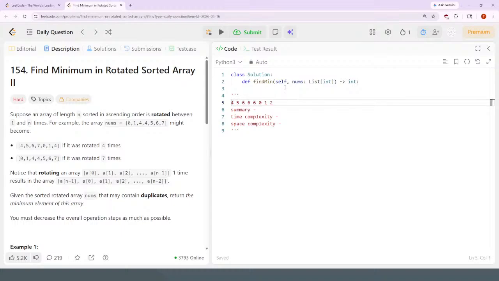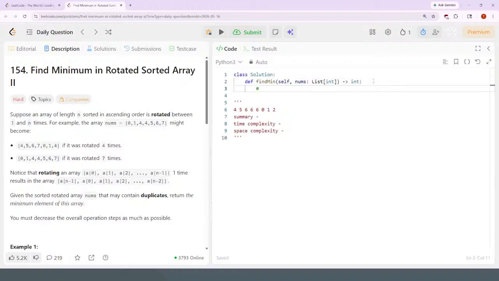Alright, let's just build the recursion function. So let's define find break, where A and B are the indices of the portion of the array that I'm looking at. Return the value.